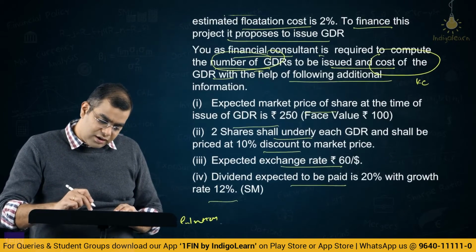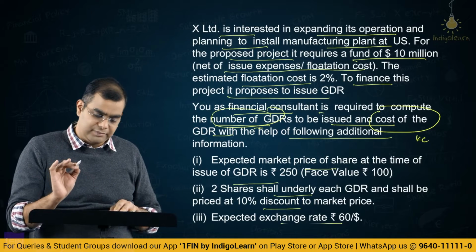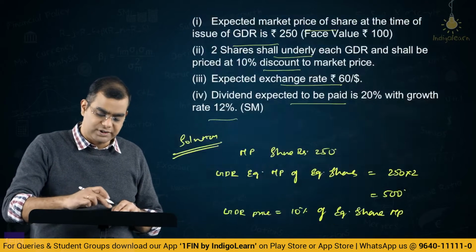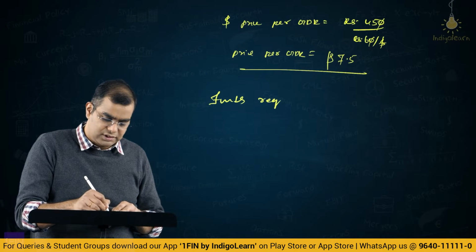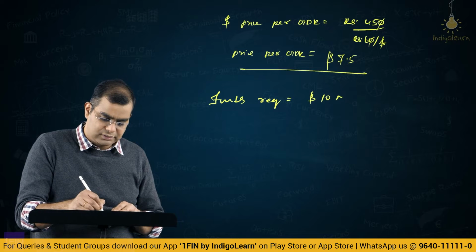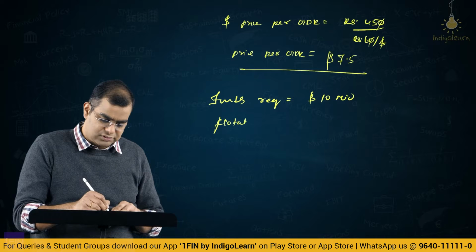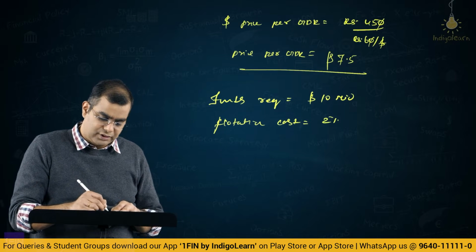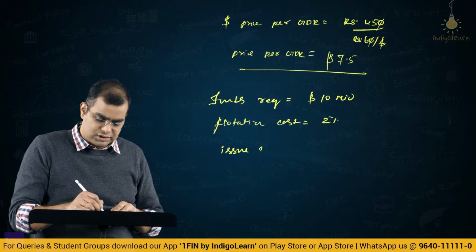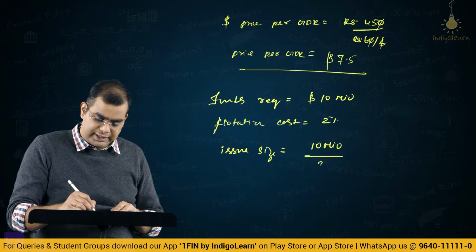Now, what have they said here? For the proposed issue, it requires total funds of 10 million, but there are flotation costs of 2%. So, funds required is equal to $10 million. Flotation cost is equal to 2%. So, issue size is equal to 10 million by 98%.